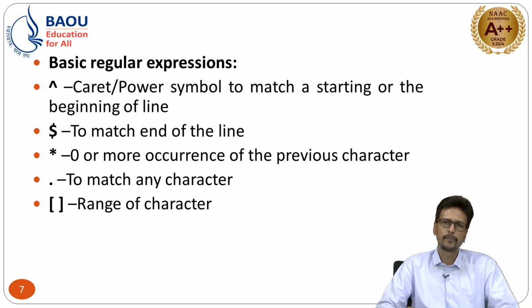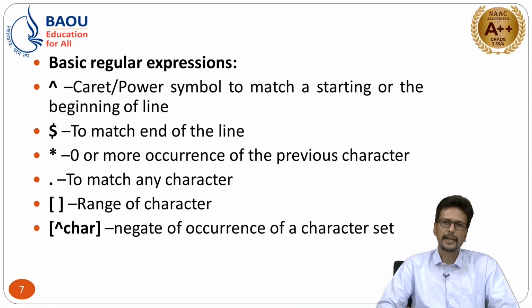Then next is caret and then any character. That will indicate the negation. Whatever the searching pattern other than these strings that are available in your text file will be displayed, right? These can be skipped in the search, and other than these criteria will be displayed because you are using the caret sign in the square bracket.